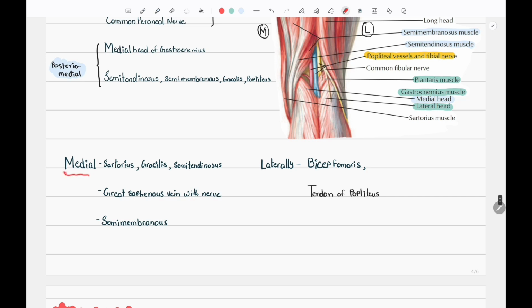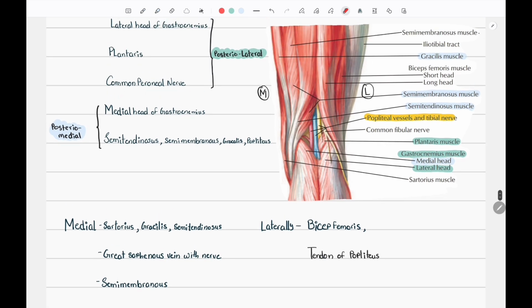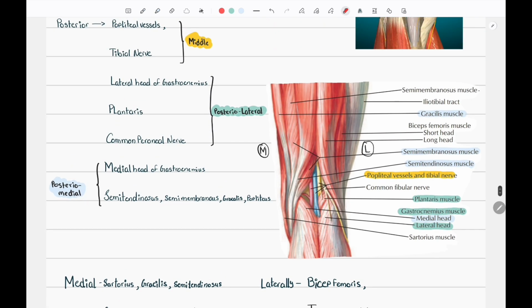Now coming to the medial relations: sartorius, gracilis and semitendinosus. As I have already told you, this is our sartorius muscle, lying medial most, the gracilis muscle right here and the semitendinosus muscle right here.